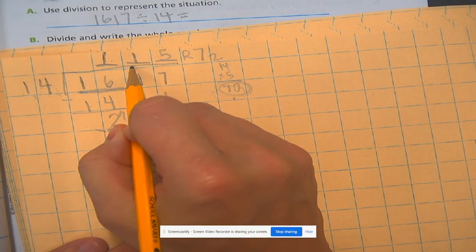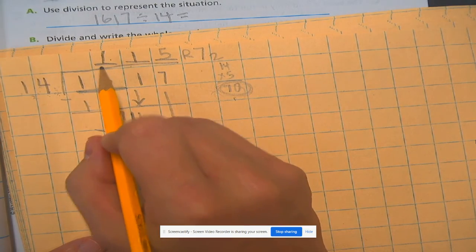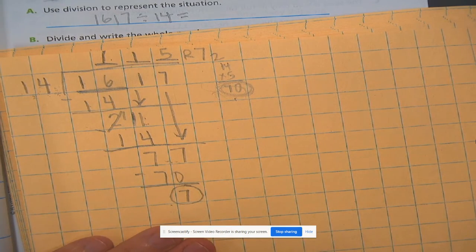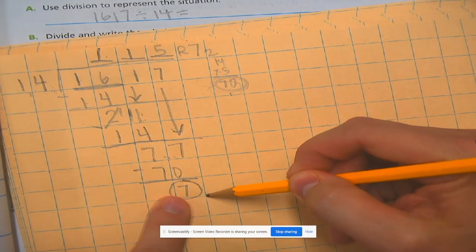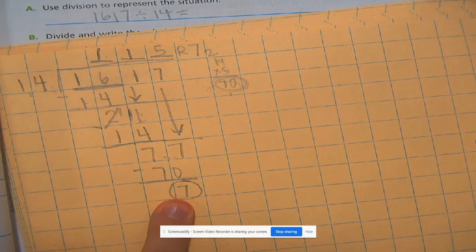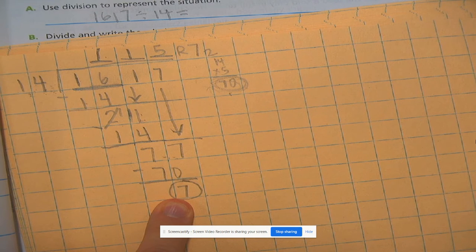How many times will that wheel completely go around? 115 times. Then we get to where we can only go 7 inches more. Is that a complete turn? No. So we go 7 out of how much? 14 inches. So we go 7 inches out of 14.